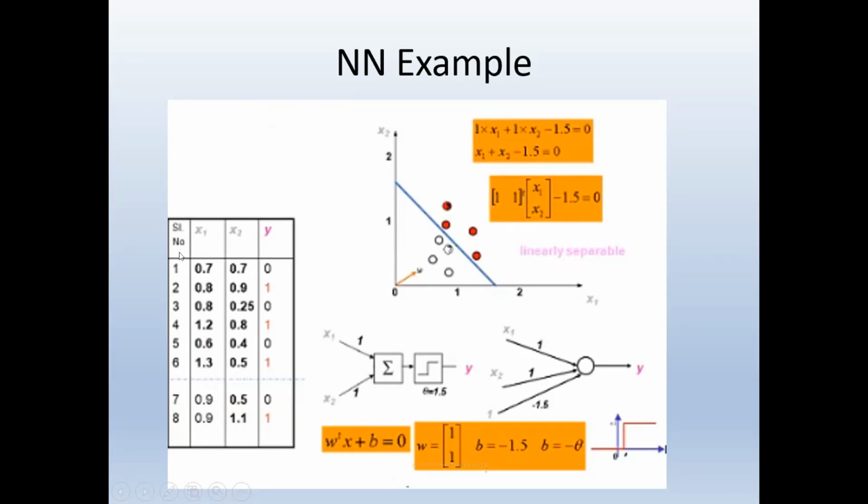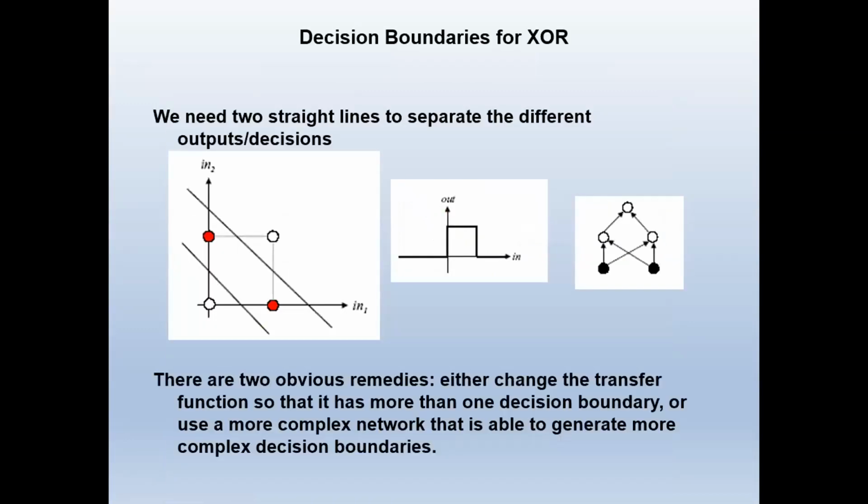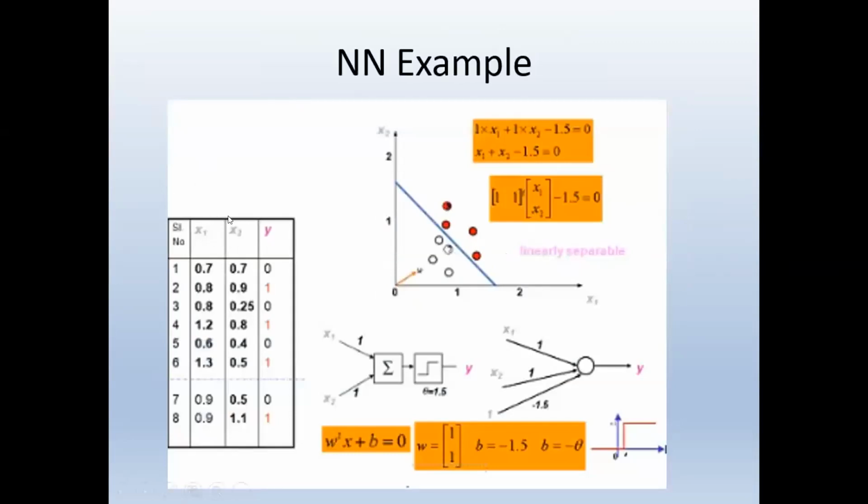So x1 is the person's height normalized into that range, and x2 is also the person's weight normalized into that range. And 0 and 1 indicate, for example, in the first data set the person's height is 0.7, weight is 0.7, and 0 indicates the person does not have diabetes. In the second data you can see the height is 0.8, weight is 0.9, and that person has diabetes. So this is clinical data.